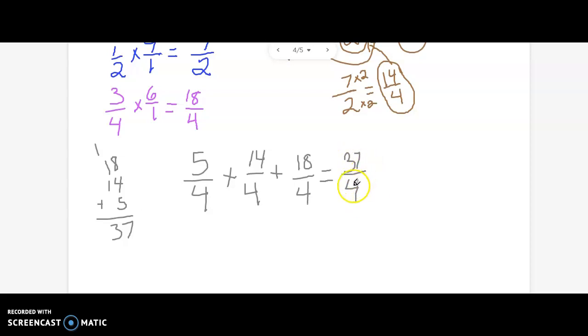Now I'm down to my last step. I've got 37/4. This is an improper fraction. This is the time that I need to turn this improper fraction into a mixed number. So I'm going to say, well, how many times can 4 go into 37?